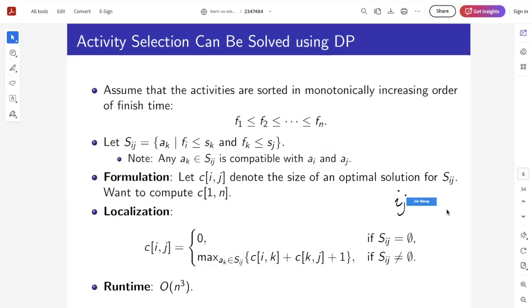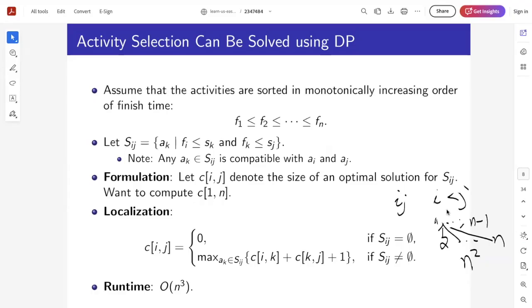J has to be greater than i, and i starts from 1 to n minus 1, so j could start from 2 to n. So you have these many pairs, and you can consider all of those. There are on the order of n squared.